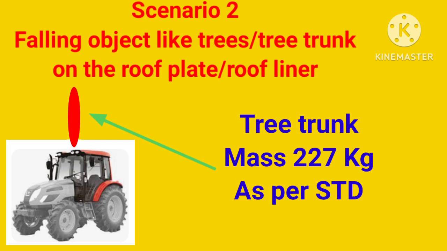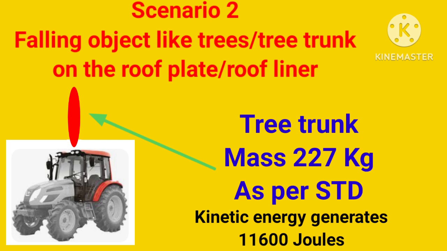When it falls on the top of the cabin roof plate or roof liner plate, it generates approximately 11,600 joules. How that figure comes, we are going to see next. That means 11,600 joules is 1183 kg force meter. It is quite huge energy, created after the trunk of the tree falls on the roof.